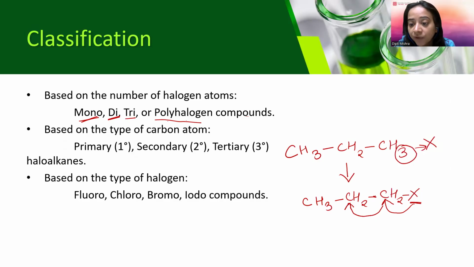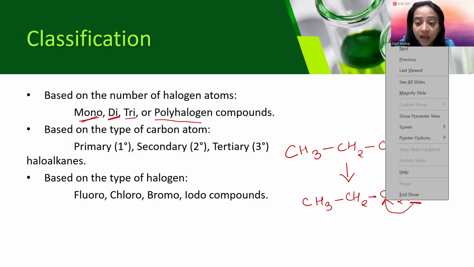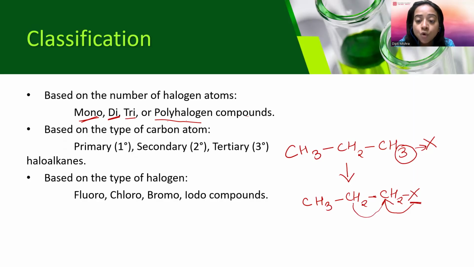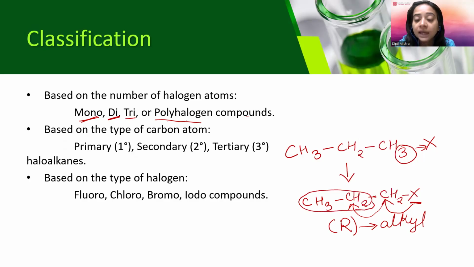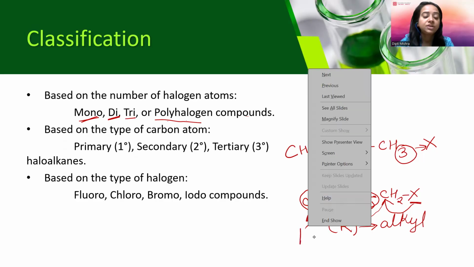So it depends on how many other alkyl groups this carbon is attached to. This carbon, from which the halogen is attached, is attached to only one alkyl group, so it is known as primary.